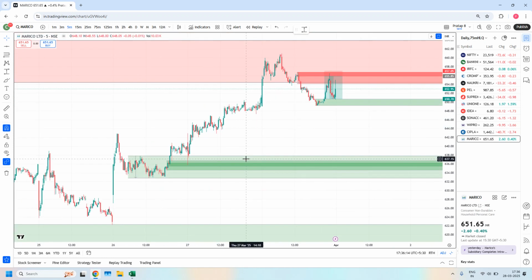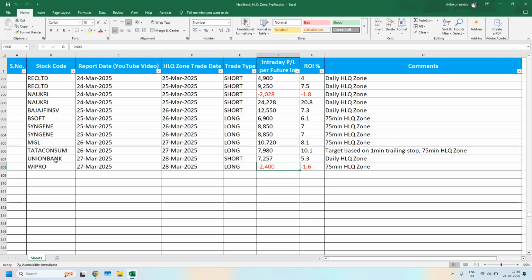So this is the HLQ zone analysis video. So actually 2 trades would have been successful. The second one I will update in the Excel sheet later because of my mistake. The aggressive trade setups are fine tuned also if you compromise on the 75-minute zone. But actually that is my ignored area, ignored for the 5-minute aggressive trade setup.